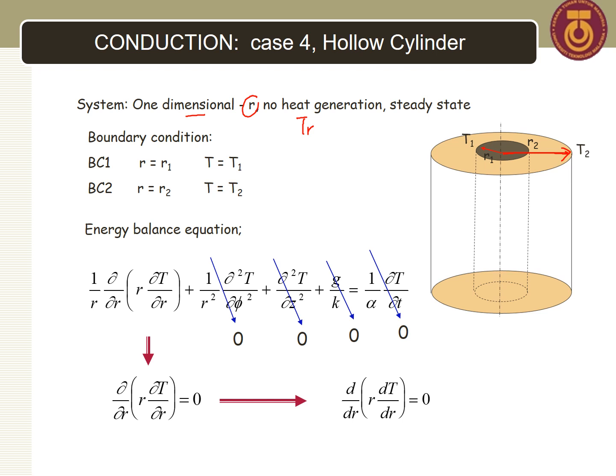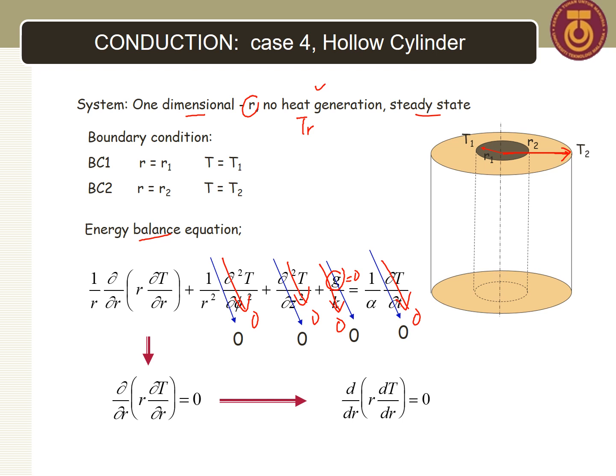Because of that, the term in the energy balance equation for heat transfer in other directions, the direction other than R, will becomes 0. Okay, and the second assumption is we don't consider there is heat generation, meaning G in this case is equal to 0, and because of this term also equals to 0. And we consider a system under steady state, and because of this term also becomes 0.